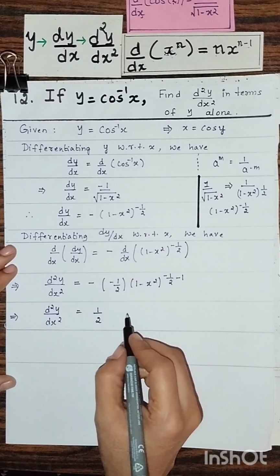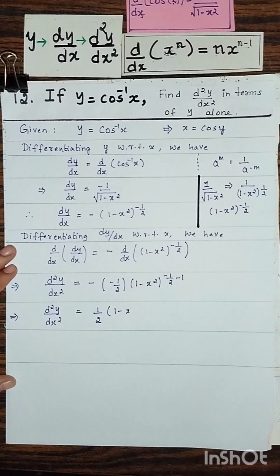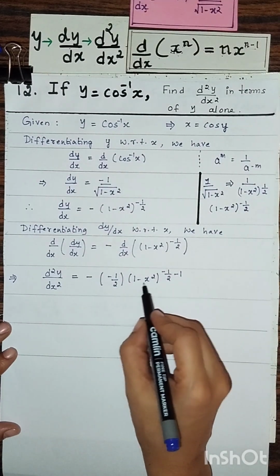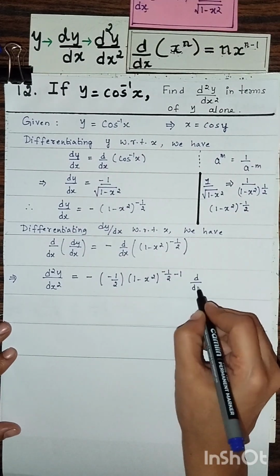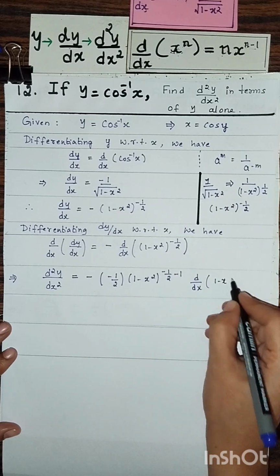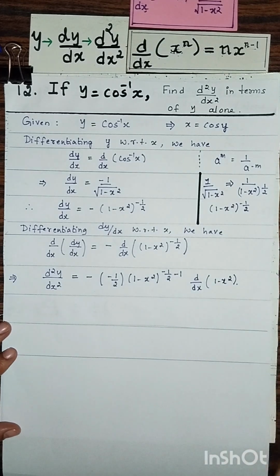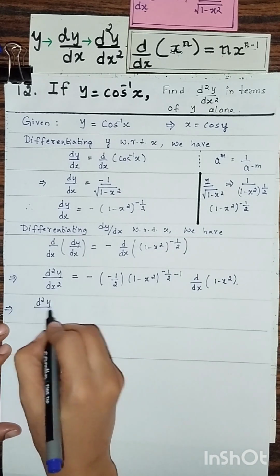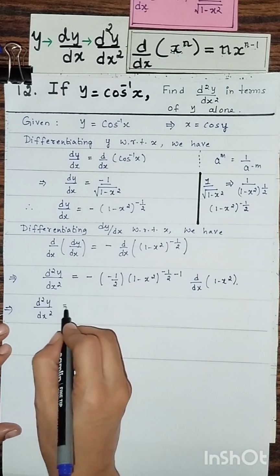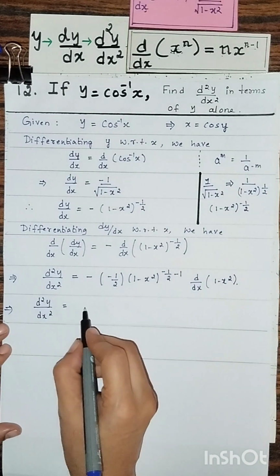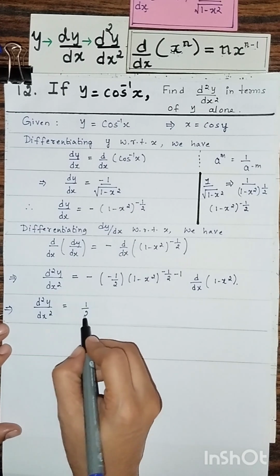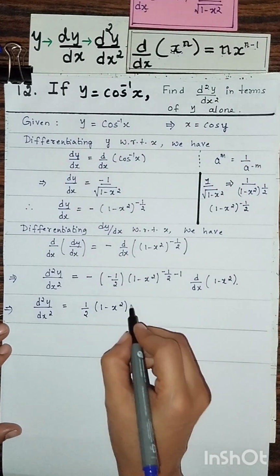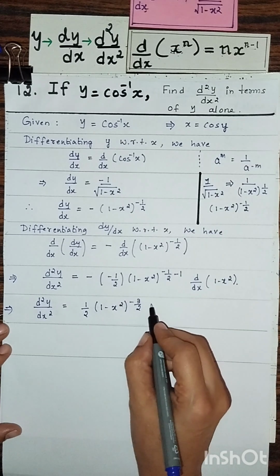so you will get 1 by 2, and now we will differentiate 1 minus x square. So d by dx of 1 minus x square. So this implies d square y by dx square is equal to, minus times minus is plus, 1 by 2 into 1 minus x square to the power minus 3 by 2.